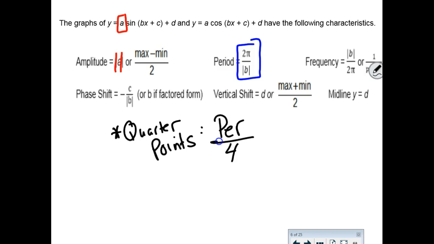And we're all going to start counting by fractions. Now I know for some of us, when we learned how to graph these back in Algebra 2 in particular, we were taught to take the period, cut it in half, and cut it in half again. Okay, and that's okay. The problem is when we start phase shifting, that doesn't really work very well. So I'm going to step away from that idea, and we're going to go strictly to finding a quarter point.